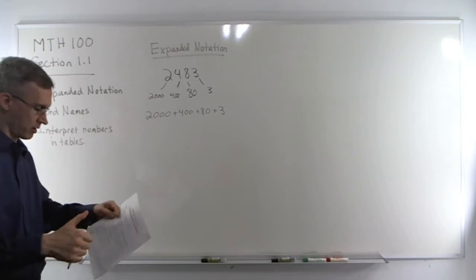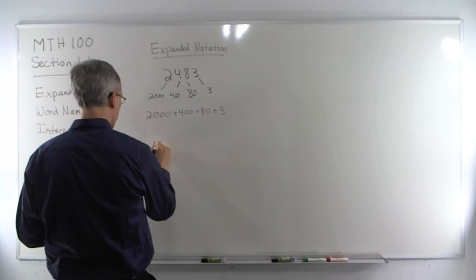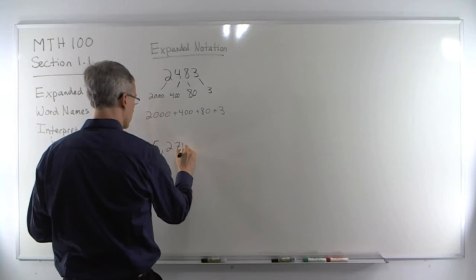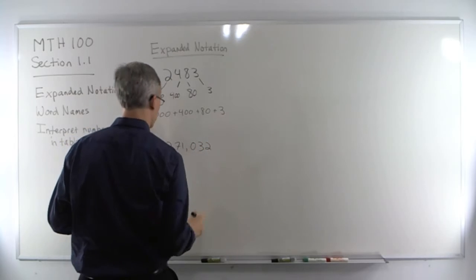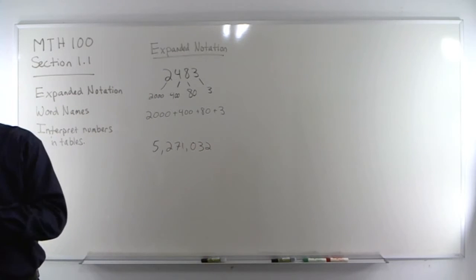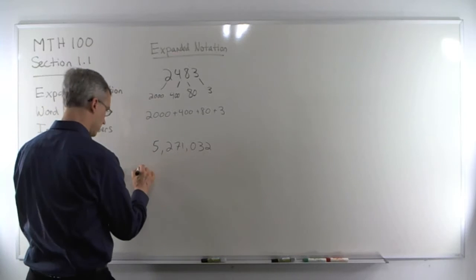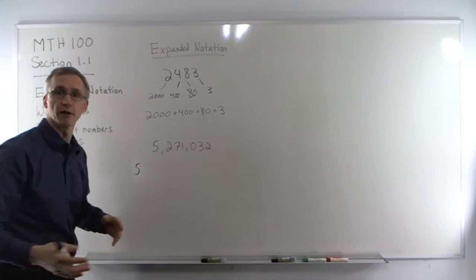All right, example 1, we're going to write the number 5,271,032 in expanded notation. So for each number, all we have to do is take that number, so I'm going to take the 5 here, and then all the other numbers just become zeros.